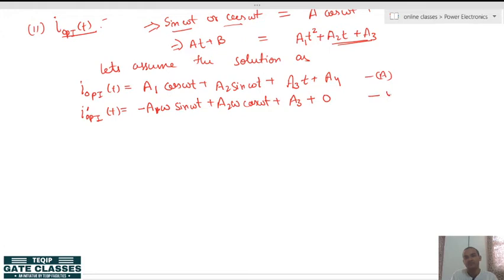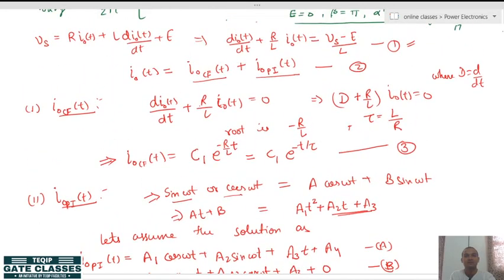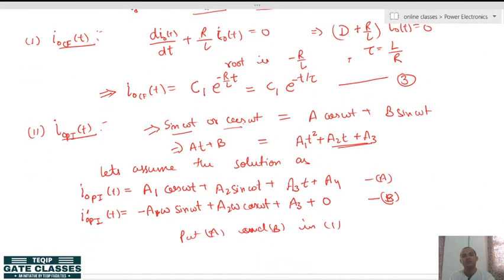So we have got equation B. Now put these two equations, A and B, in equation 1. What is equation 1? This one. In this equation, put these values. So when you put all these values in this equation, what will we get?